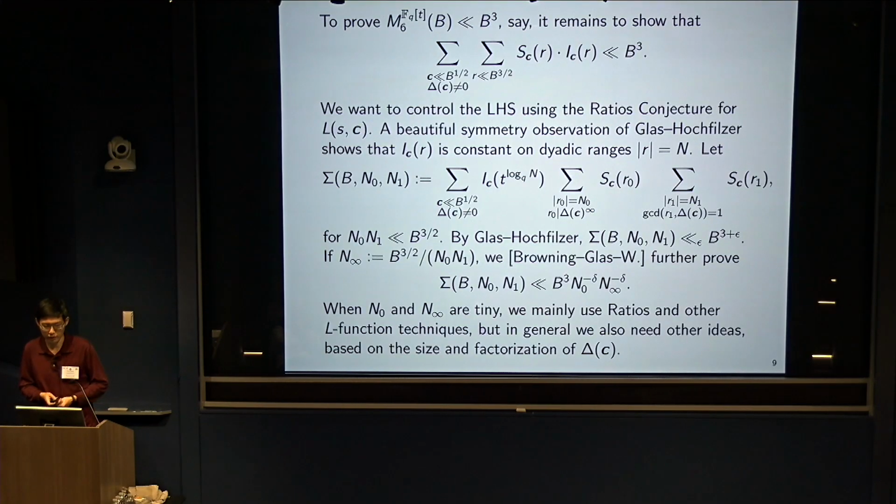And then if I define this parameter n infinity, so that n0, n1 times n infinity is b to the 3/2, then what we show is that we can remove the epsilon and also get a power saving in the n0 and n infinity aspects. So the point is, if n0 and n infinity are tiny, then the problem is well approximated by L functions, and then we can use the ratios conjecture. If n0 and n infinity are large, we need other ideas.